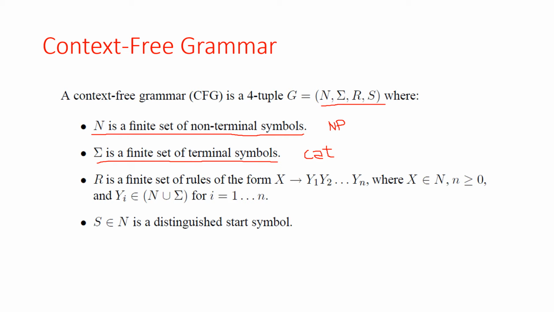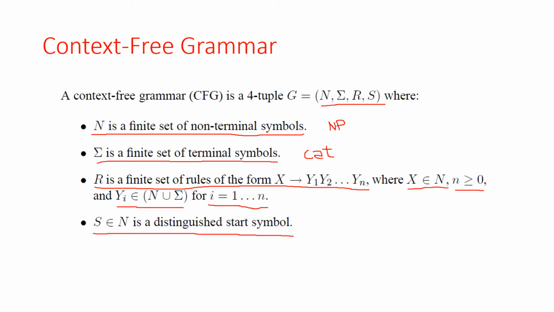Then we have this set R, which is a finite set of rules of the form x goes to y1 up to yn, where x is a non-terminal symbol, n is an integer greater than or equal to 0, and these y's can be either non-terminals or terminals for i from 1 up to n. And the last, fourth element of the grammar is the symbol S, which is a non-terminal that is the distinguished start symbol.